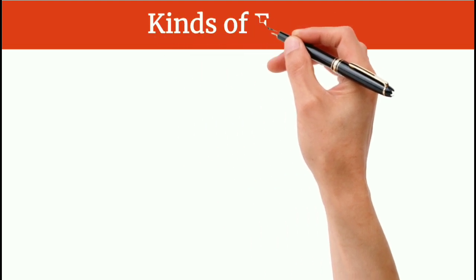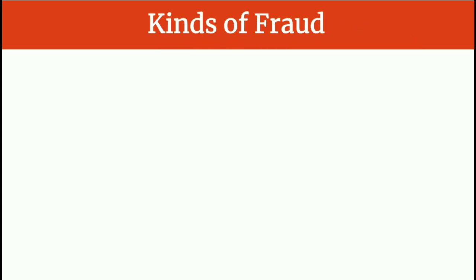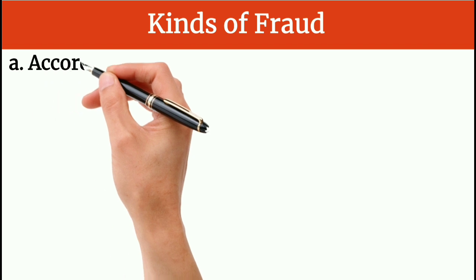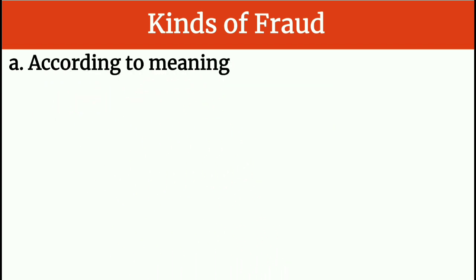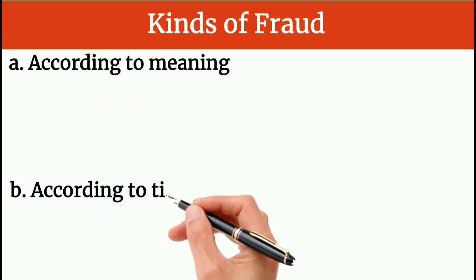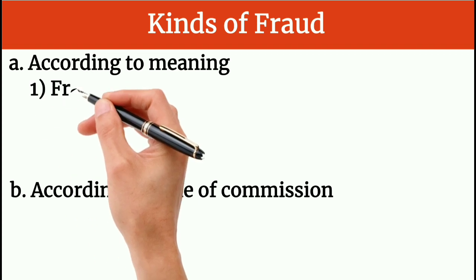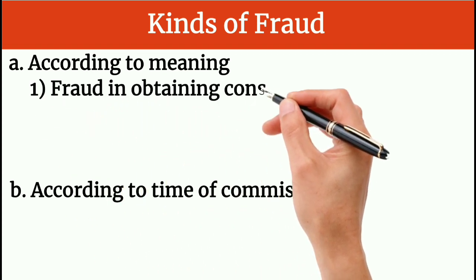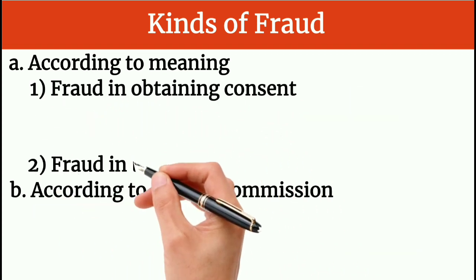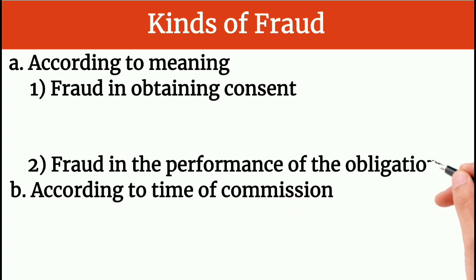Let's proceed to the kinds of fraud in general. There are kinds of fraud according to meaning, and there are kinds of fraud according to time of commission. The kinds of fraud according to meaning are the fraud in obtaining consent and the fraud in the performance of the obligation.